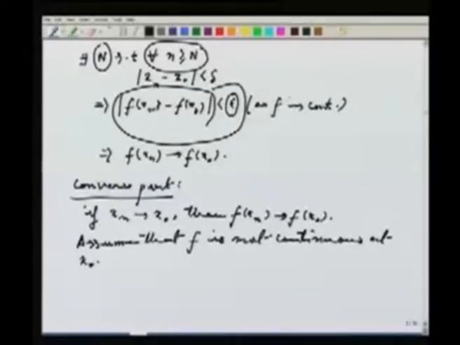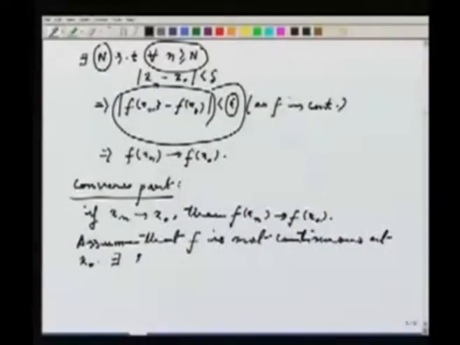Well, if you go back to the first thing which we have discussed in the lecture, what does it mean to say a function is not continuous at a point? I am going to exploit that. It means that there exists an epsilon for which no delta works. That means whatever delta you choose, modulus of x minus x naught is less than delta, but modulus of fx minus fx naught is bigger than epsilon.